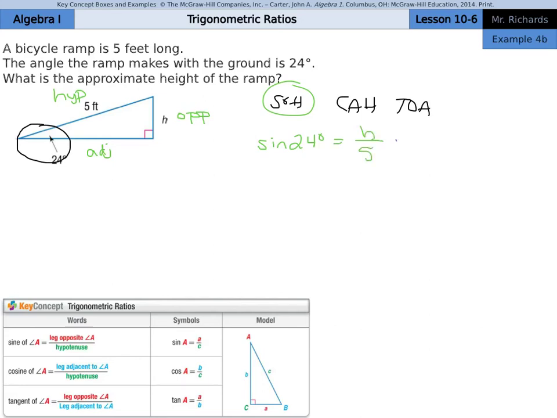If we multiply by 5 on both sides, we get 5 times the sine of 24 degrees is equal to h. And this is simply 2.03, so when you multiply and round to the nearest tenth, it is 2.0 feet.